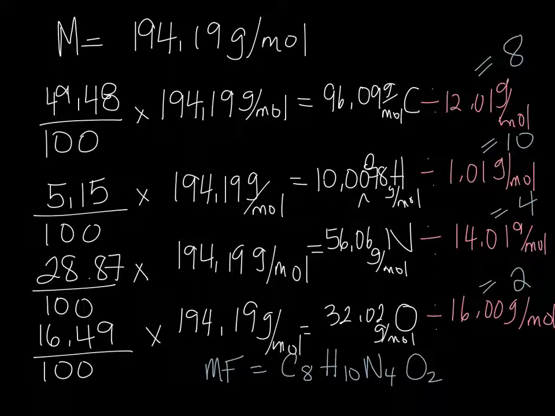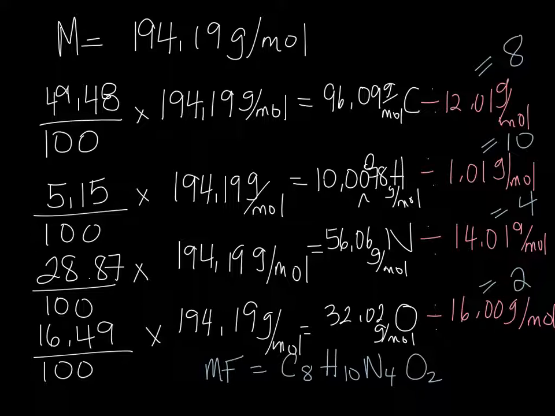Okay, so if that's your molecular formula, what's your empirical formula? C4H5N2O. If you do it this way, you don't ever have to worry about getting a half or a third, because it skips that part for you.